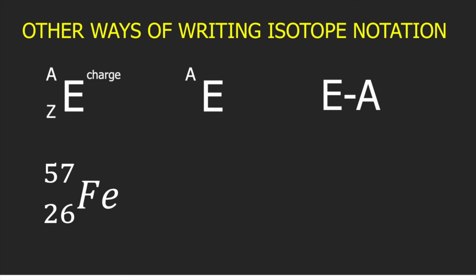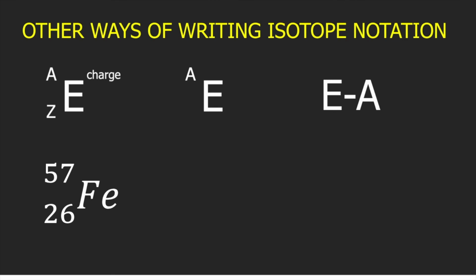It doesn't include the Z in the notation because by knowing the element, it is assumed that you also know the atomic number. So the Z is omitted. And then for the other one, the E A notation, you write the element, then a hyphen or dash, and then you put the mass number.